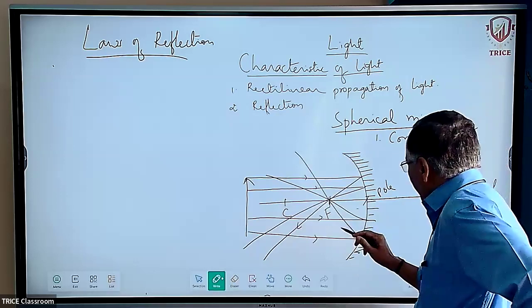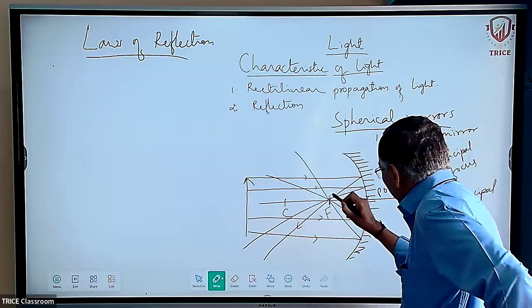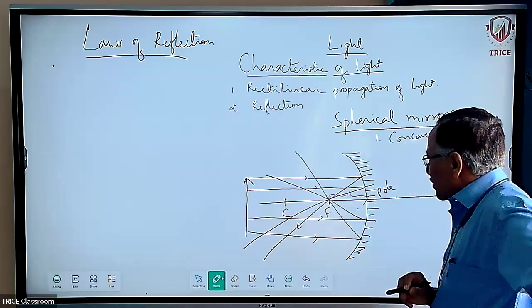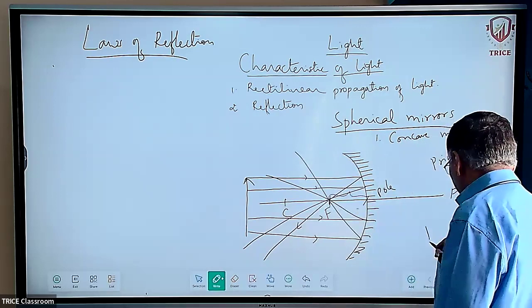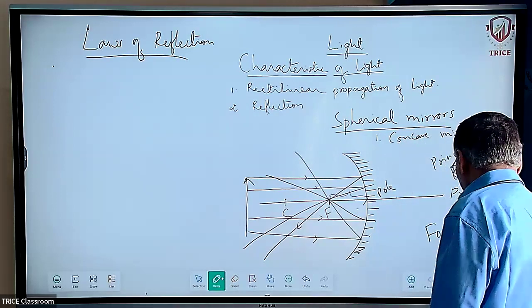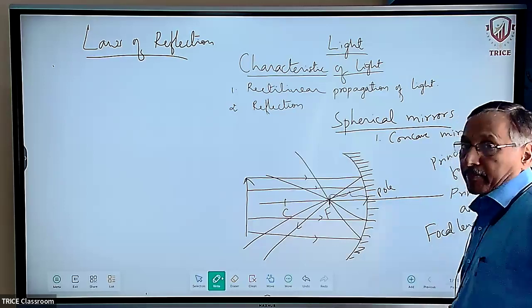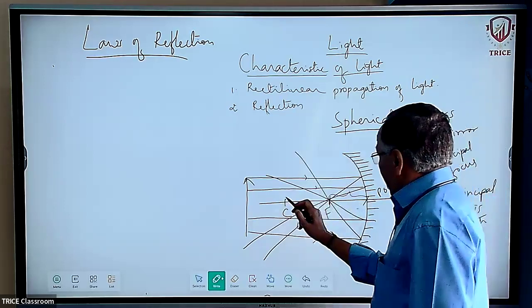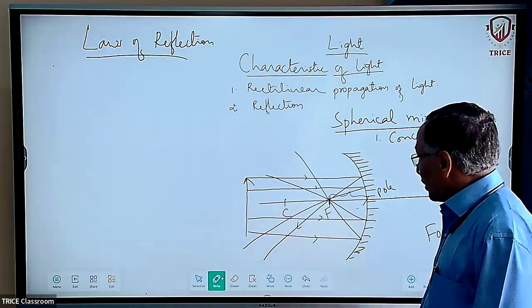And the distance between principal focus and pole is called focal length. It is called focal length of the mirror. This is center of curvature. This is principal focus.